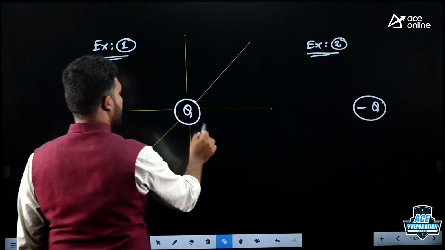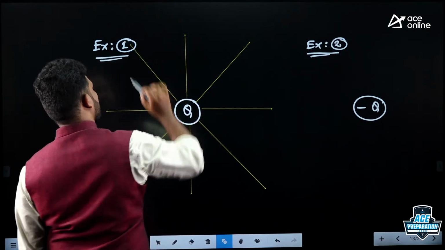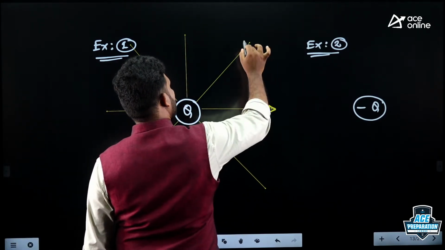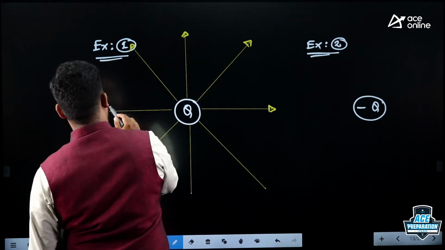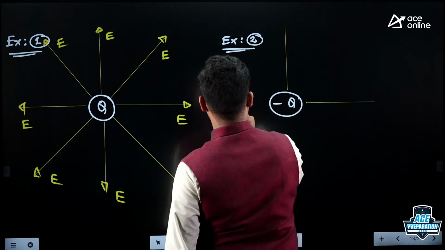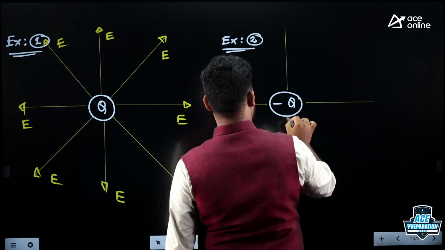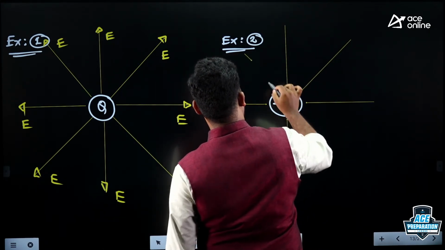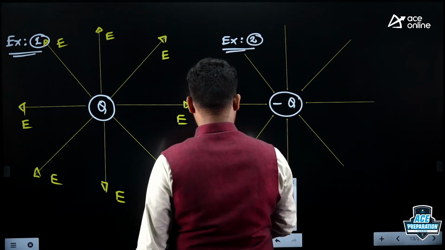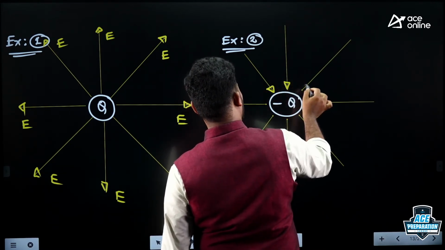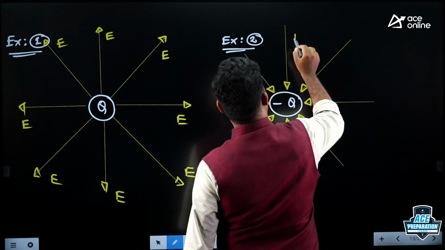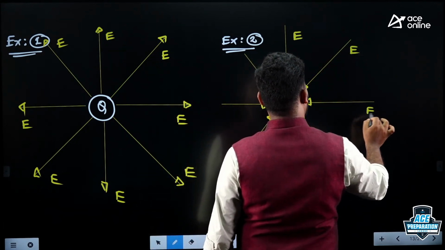So how is the electric field here? It is radially outward. And here, radially inwards.